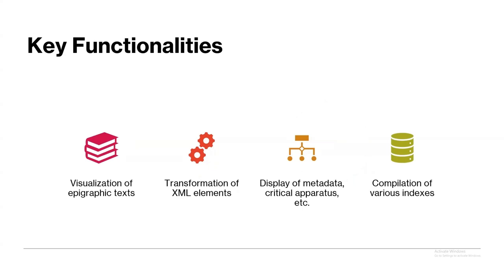The key functionalities that AIAX provides are visualization of epigraphic text in two versions, publishers and diplomatic text, transformation of XML files into epigraphic publishers' sigla according to the Leiden Plus system, display of metadata, critical apparatus, commentary, bibliography, and photographs associated with the monument that we put in the facsimile element.